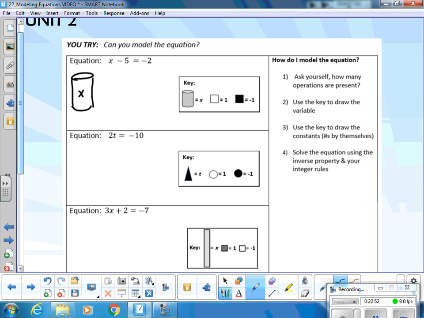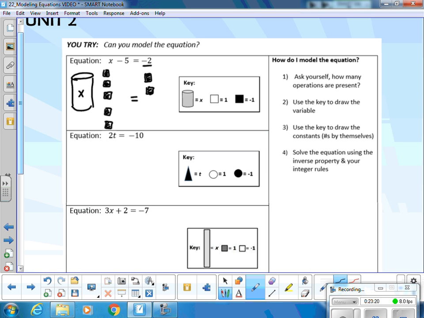We have 1x, and then we have 5 negatives, and the 5 negatives are represented by dark squares. So here's 1, 2, 3, 4, 5. Then I have my other side of my equation, and on that side I have a negative 2, which means I have 2 dark squares.